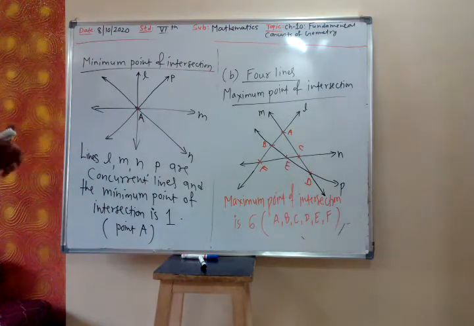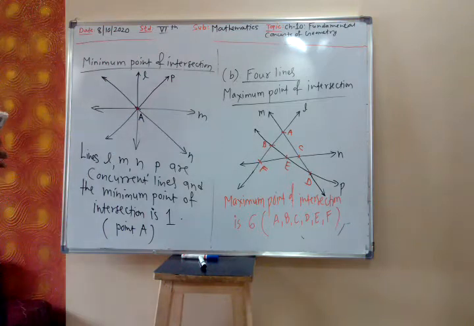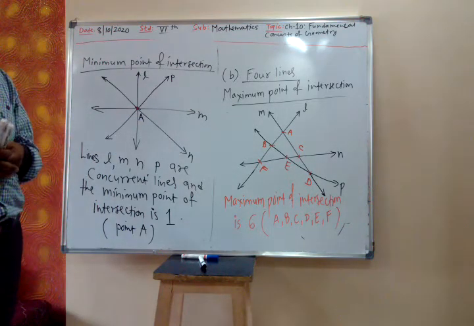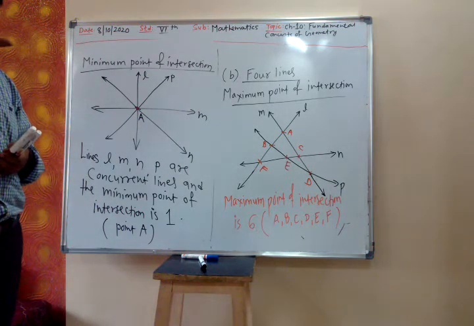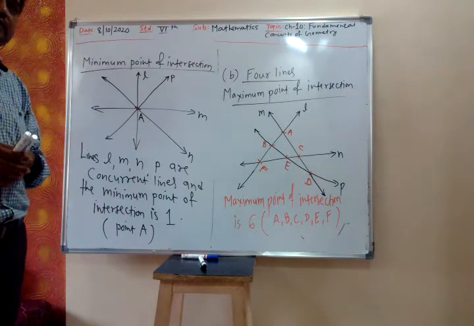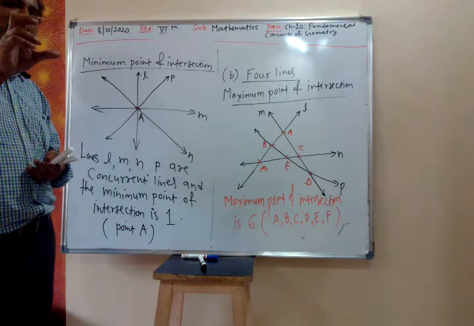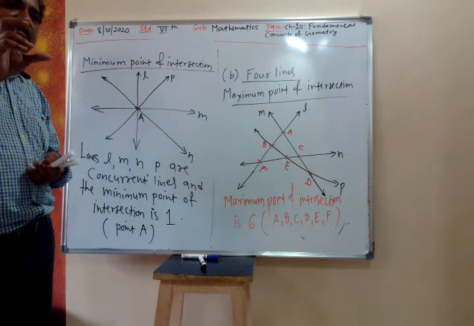So whenever 4 lines intersect each other, the maximum point of intersection is 6 and the minimum point of intersection is 1. For the minimum point, the 4 lines become concurrent lines.